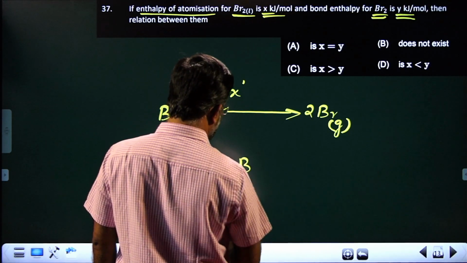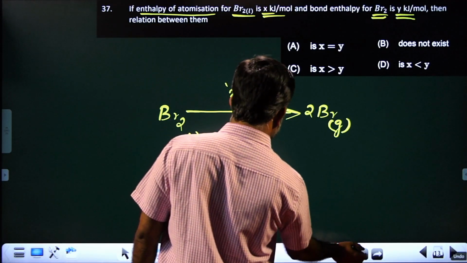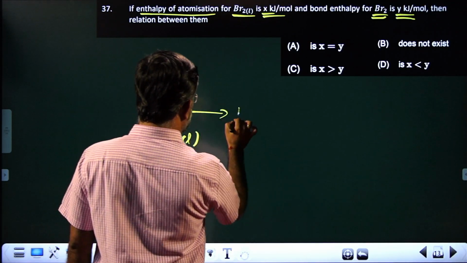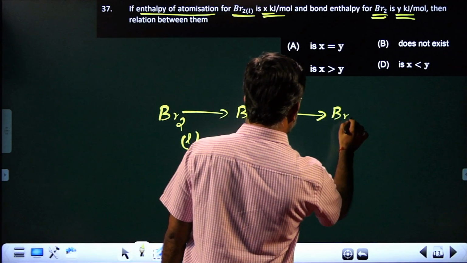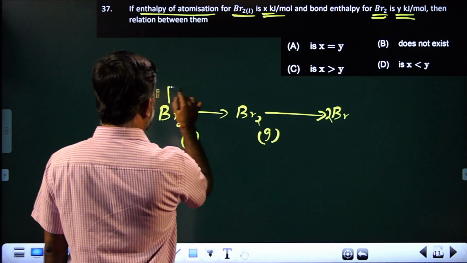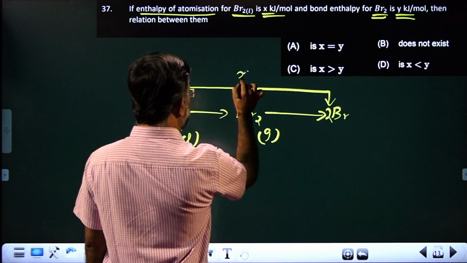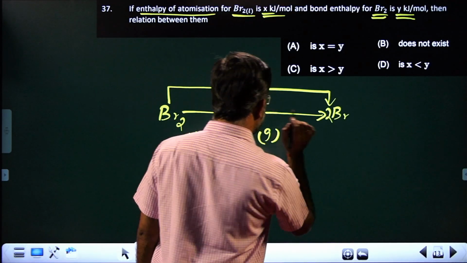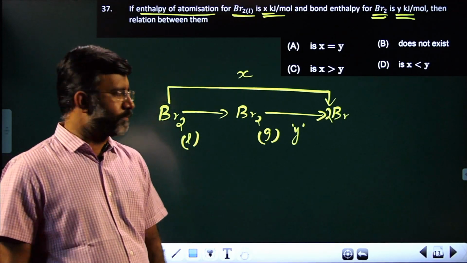See, this is first converted to Br2 gas and that is converted to 2Br. This entire change is the enthalpy of atomization, given as x, and this is given as y. It's very simple to understand if you know this logic.